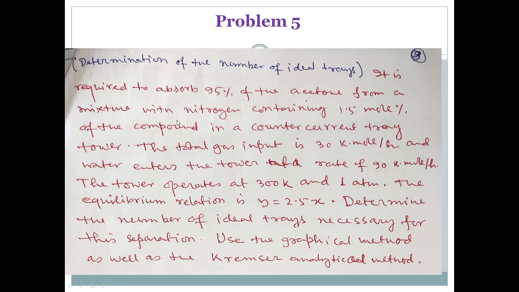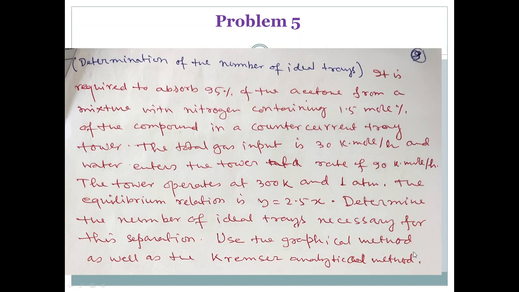The total gas input is 30 kilomole per hour, and water enters the tower at a flow rate of 90 kilomole per hour from the top. The tower operates at 100 K and 1 atmosphere. The equilibrium relation is y equal to 25x. Determine the number of ideal stages necessary for the separation using graphical method as well as Kremser method.